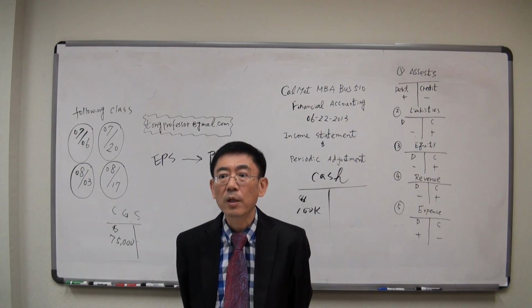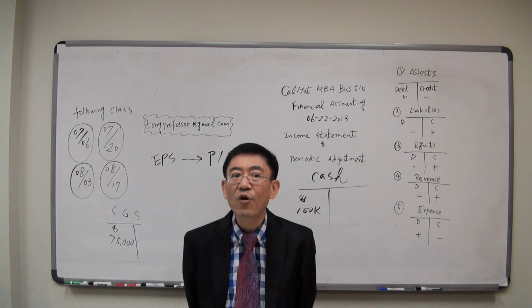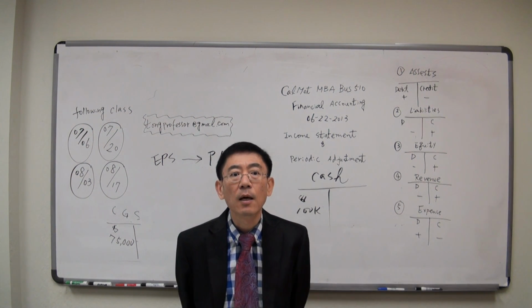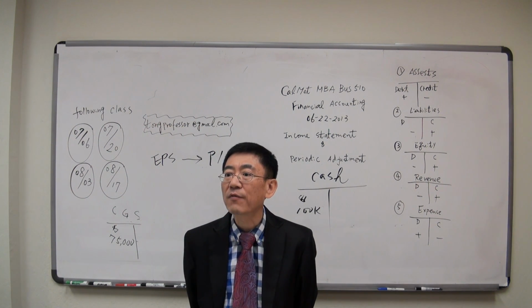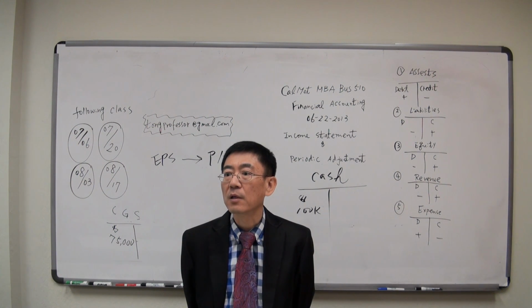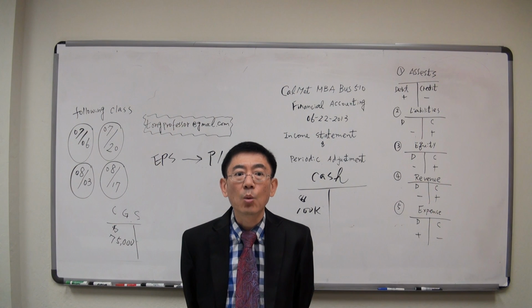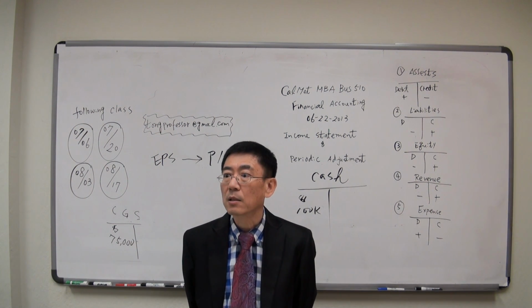Okay, let me read it carefully. When your company receives total $400 cash, however, the $400 will cover total 4 months of franchise benefit. So here we got a problem, right? We cannot enter the total $400 as revenue. We cannot do that.